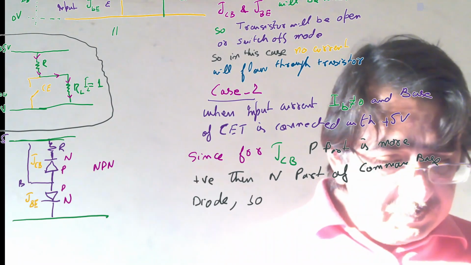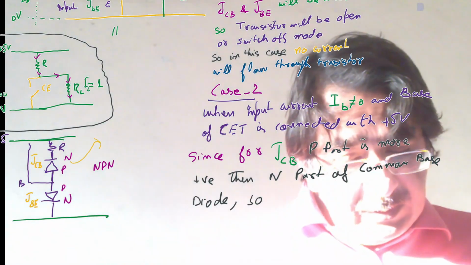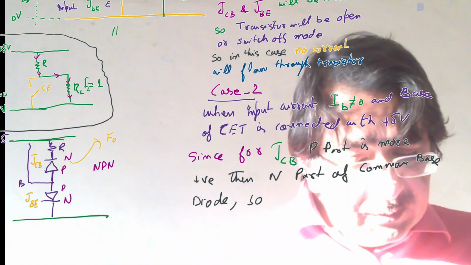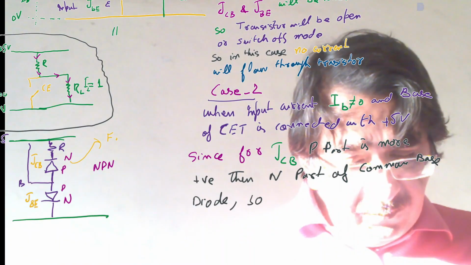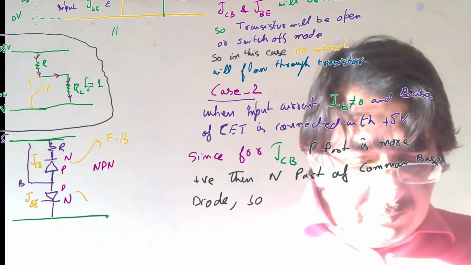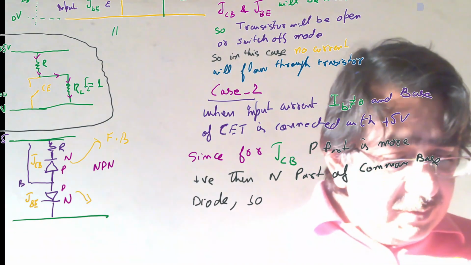So this diode will be forward biased, and this will also be because this is also connected to P.